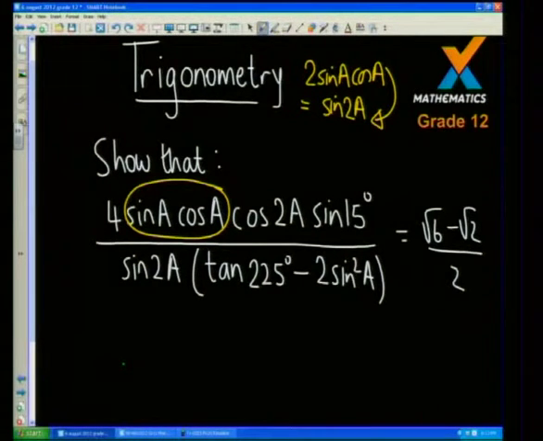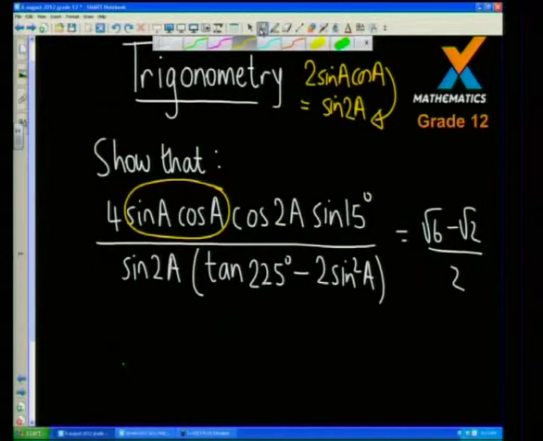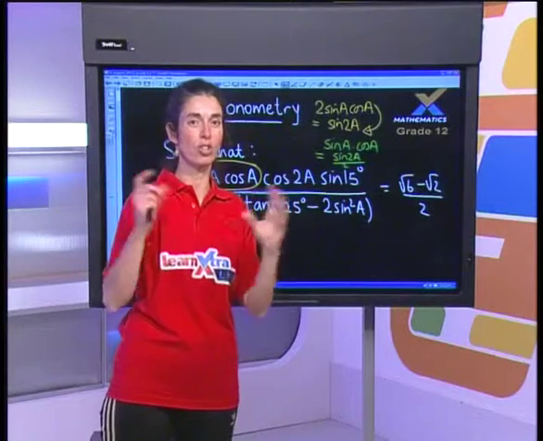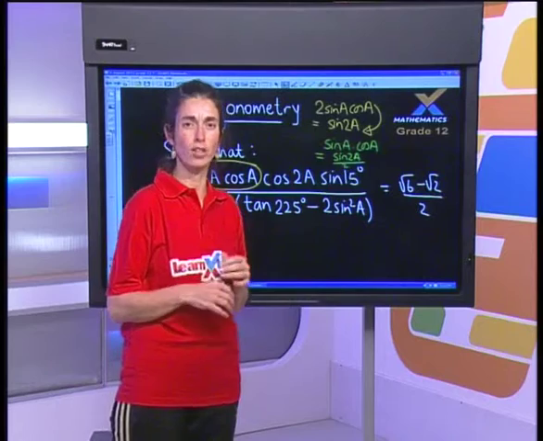Now if I have just sine A times cos A, then I'm really just taking half of it because I've got the double missing. So that is the same as writing sine 2a, but it's half of it. So very powerful identity to be able to write the product of sine and cos as one trig ratio, because as you can see, I'm dealing with one ratio, not two, so things get simplified quite quickly.